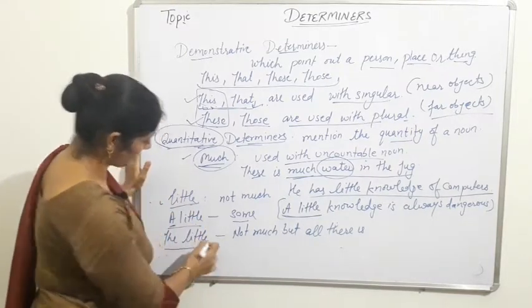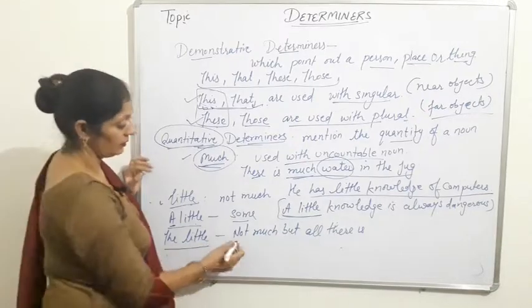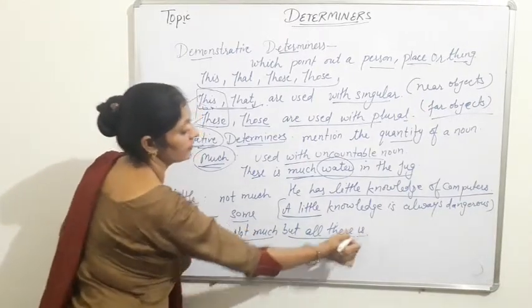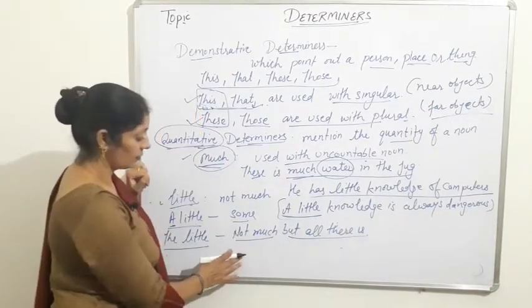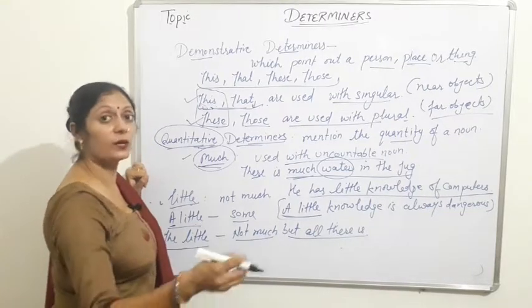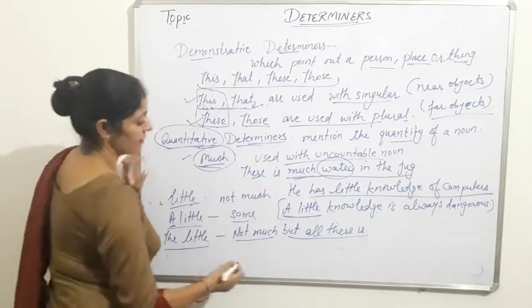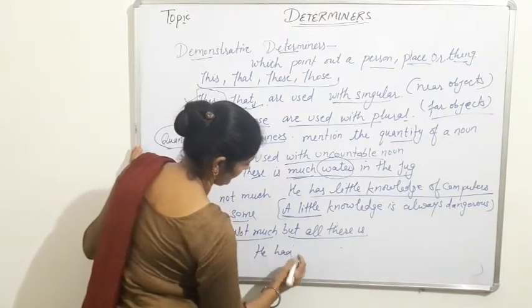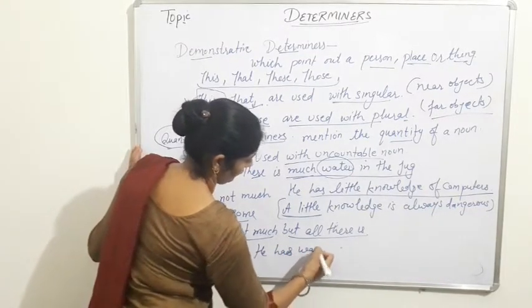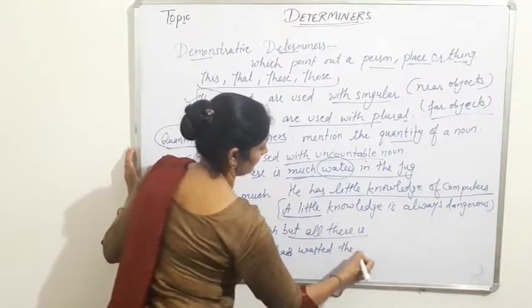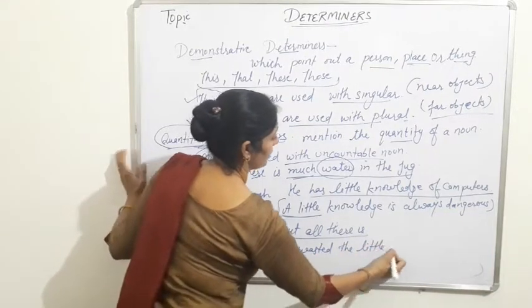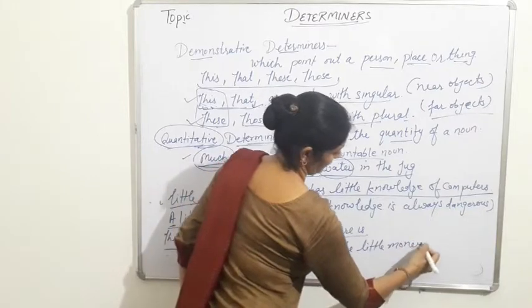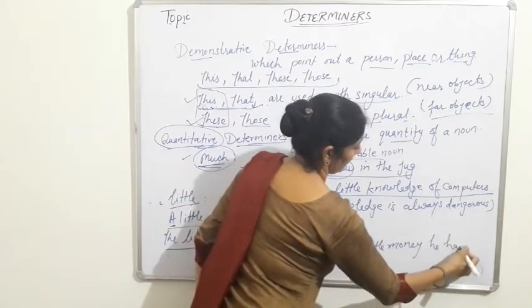Next one is the little. Not much, but all there is. Here quantity is not mentioned, but whatever we have. As I say, he has wasted the little money he had.